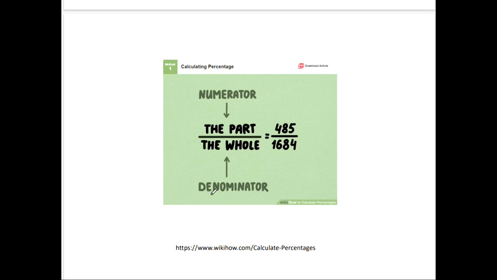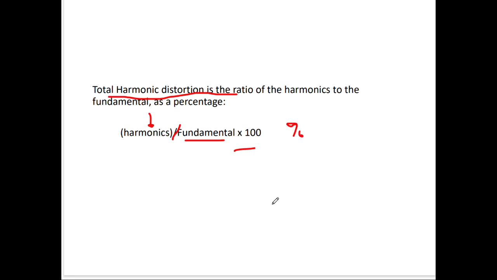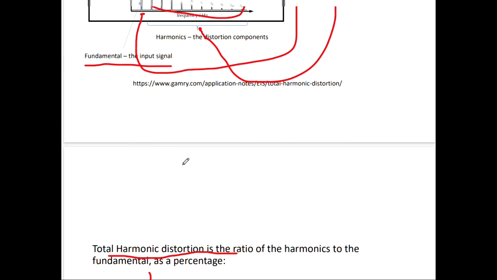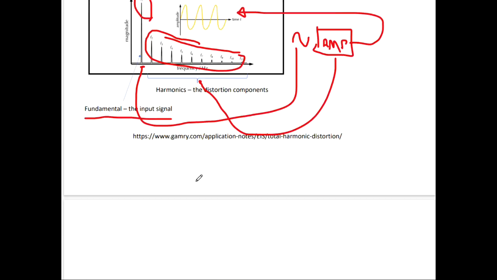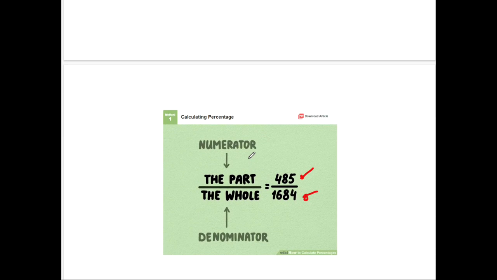So let's just say there's 485 people wearing red shirts, and there's a total of 1,684 people in the room. It's a big room. What percentage of these people are wearing red shirts? Well, percentage is the ratio of the part to the whole. The part are the people wearing the red shirts.